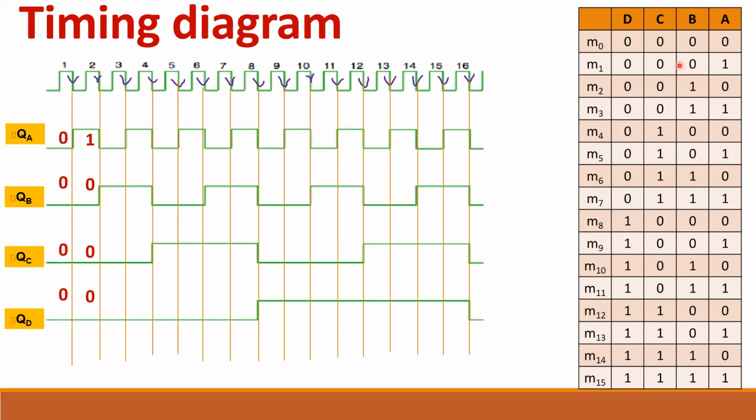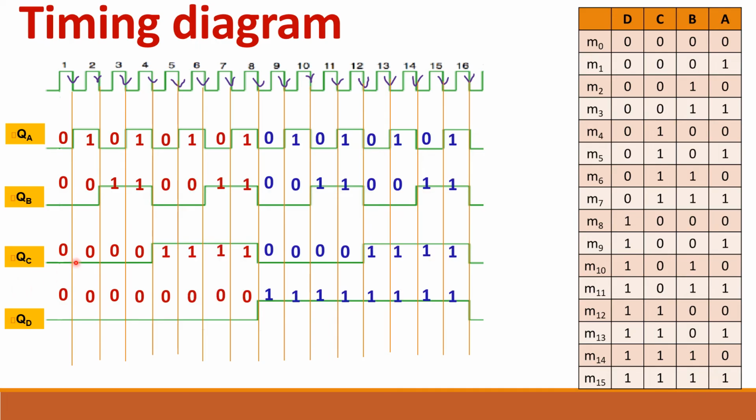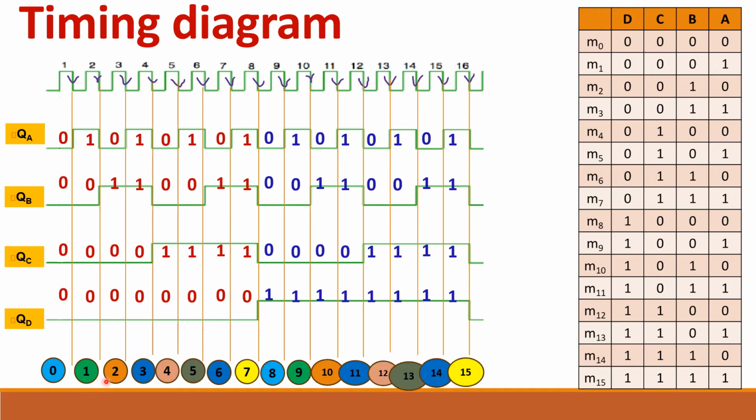Then the second state is 0, 0, 1. You have to read from the bottom because QD is here. QD is the first one. So this is the 0th state for this one, M0. So after 15, again all will come to 0, 0, 0, 0.